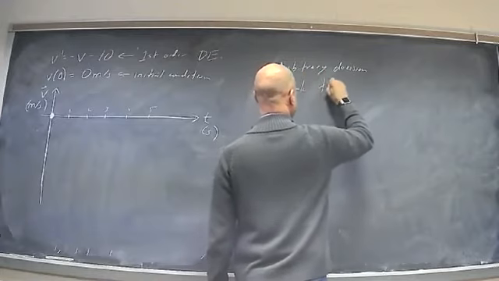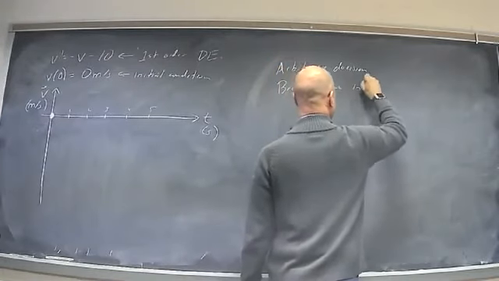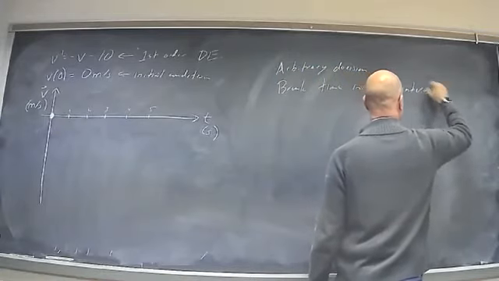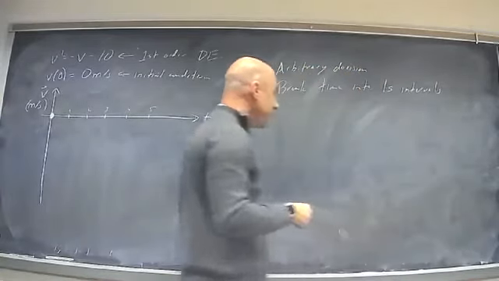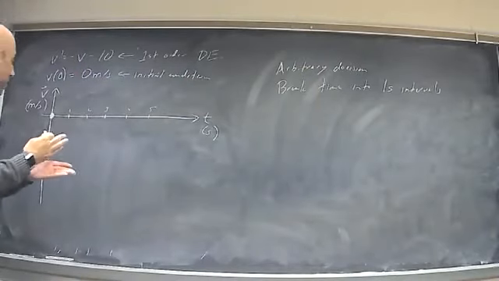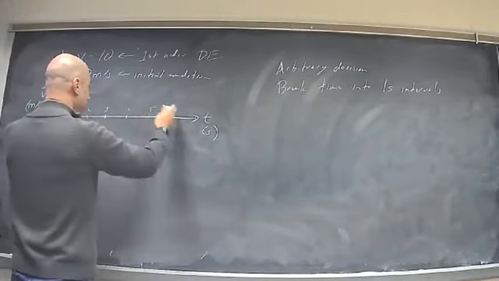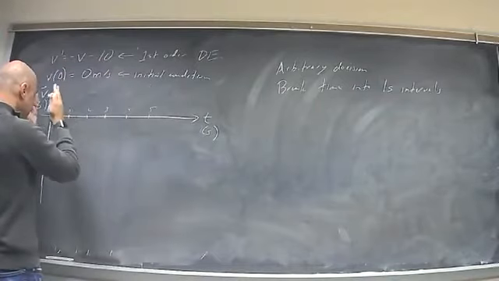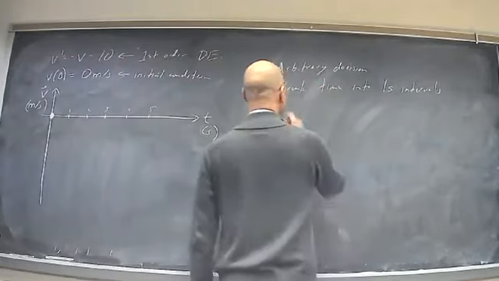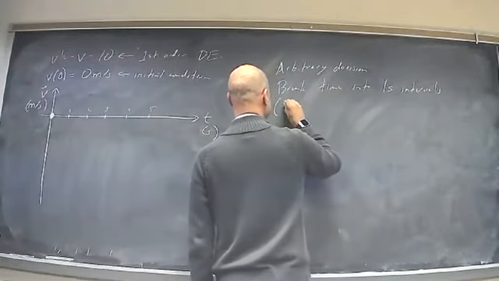Break time into 1 second intervals. What I've just decided is how fine my mesh is going to be. I'm going to chop time, which is a continuous variable, up into 1 second cells.